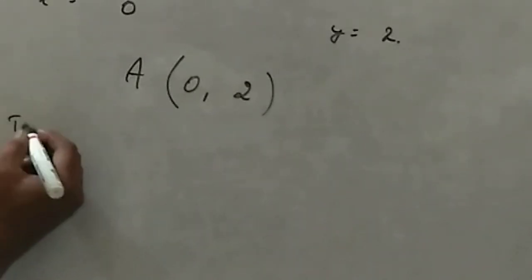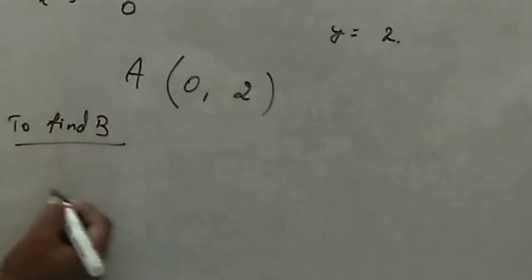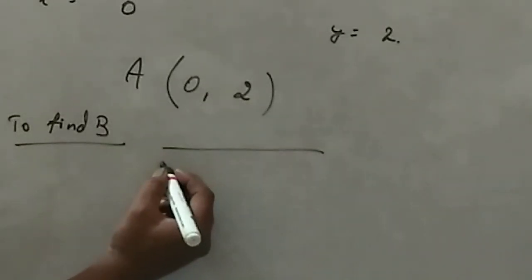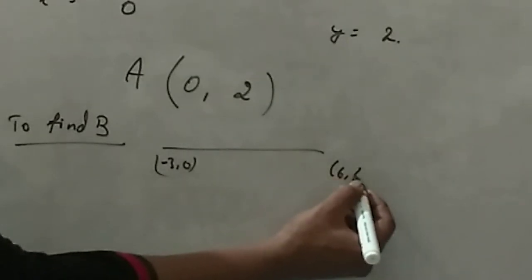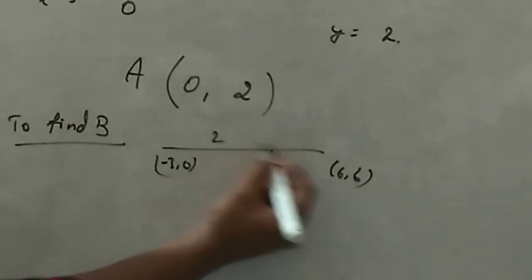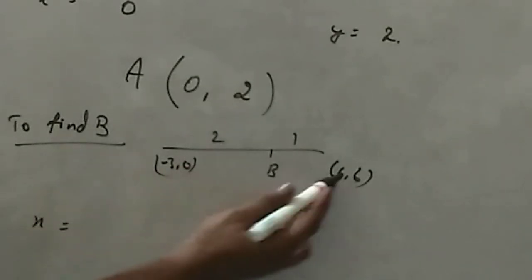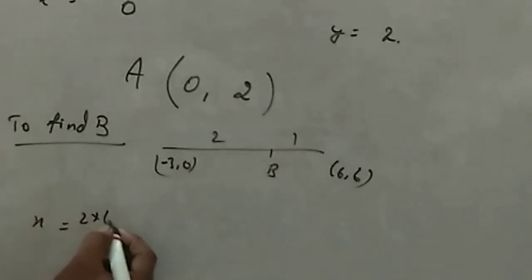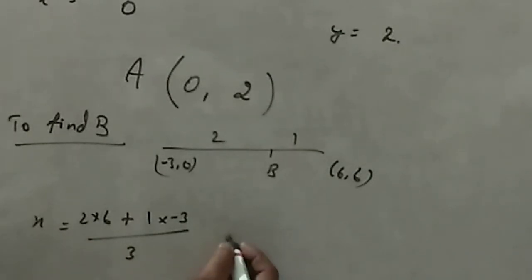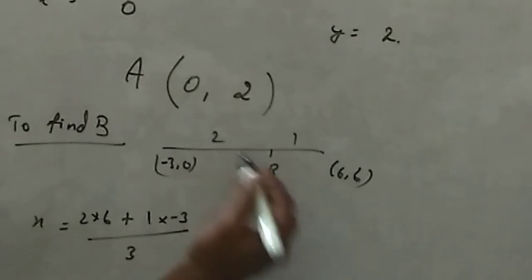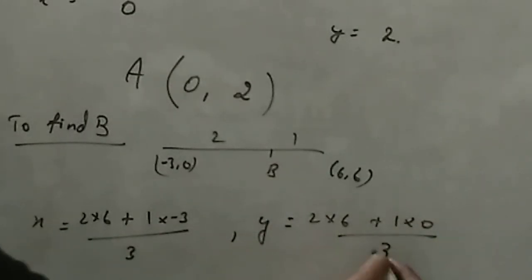To find B coordinates, this is minus 3, 0 and here 6 and 6, B, 2, 1. Okay, now you calculate. x is equal to 2 into 6 are 12 plus 1 into minus 3 upon 3, and y is equal to 2 into 6 plus 1 into 0 upon 3.